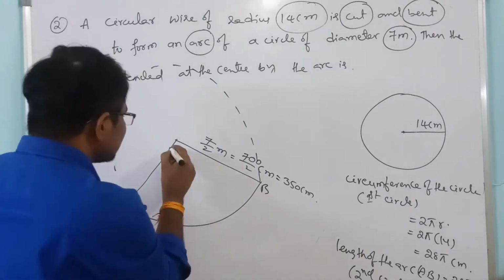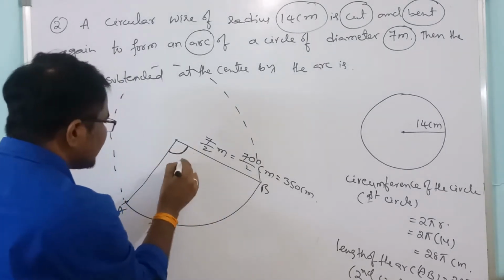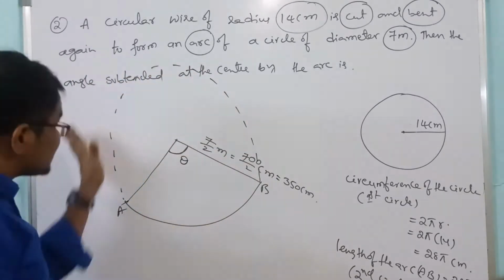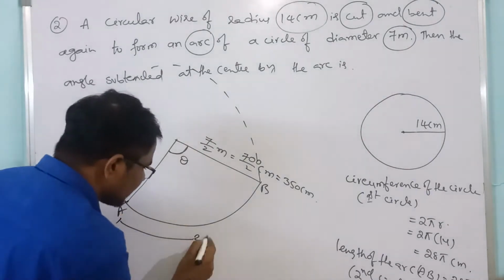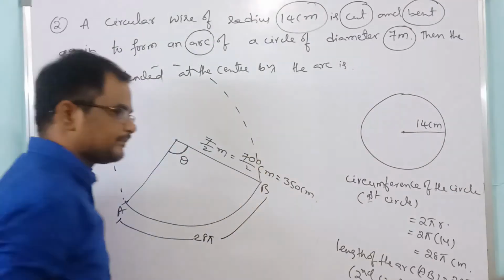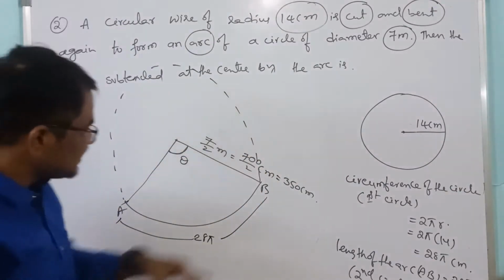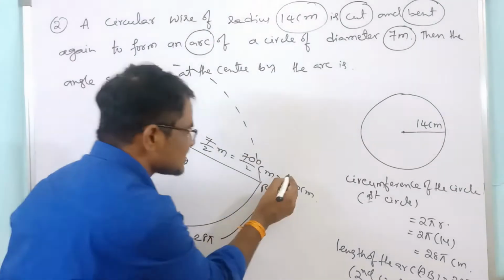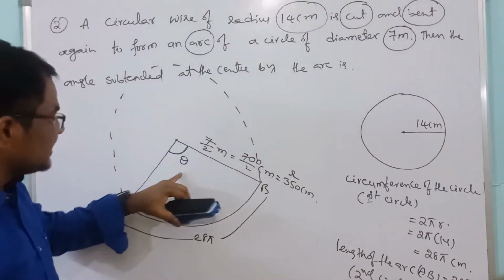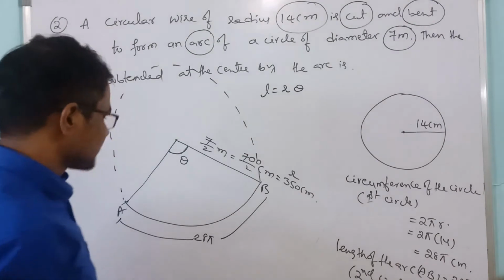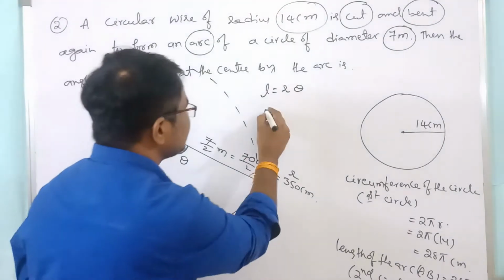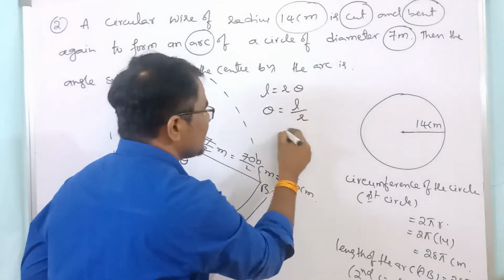Now what they are asking: the angle subtended at the center of the second circle. Here to here the length is 28 pi, and the radius is 350. This is r, and we know that L equals r theta, so theta equals L by r.